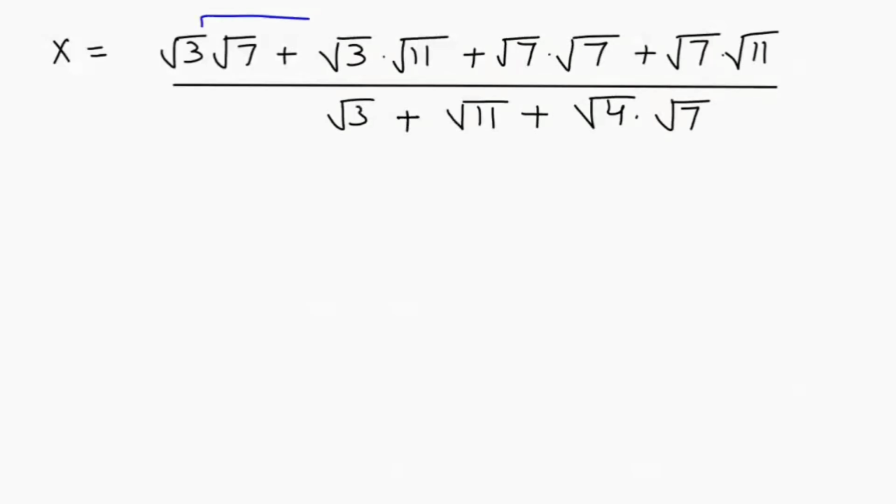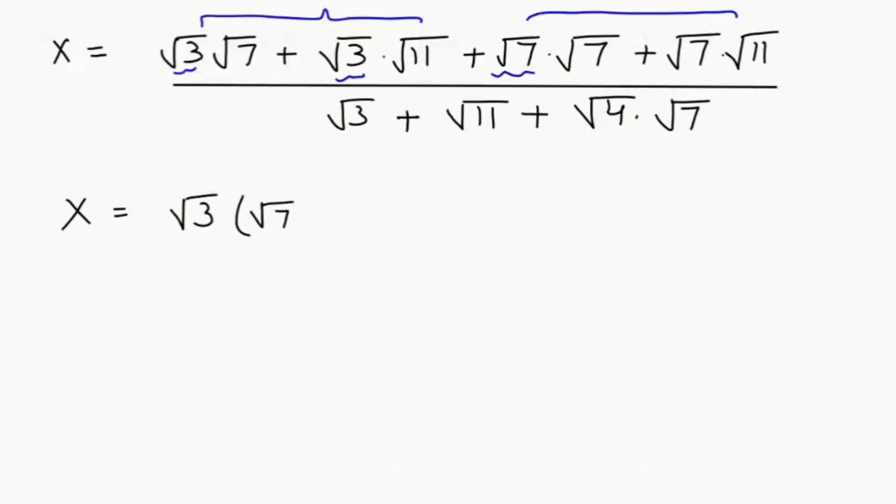Now next, from the first two terms, I am going to take common root of 3, and from the next two terms, we are going to take common root of 7. So the next expression we will get is x equals root of 3, and here root of 7 is remaining, plus root of 11 is remaining. And here we are going to take common root of 7, where root of 7 is remaining, plus root of 11 is remaining.